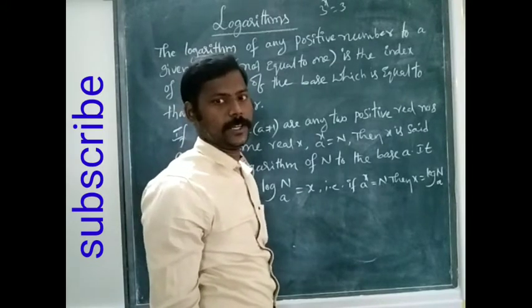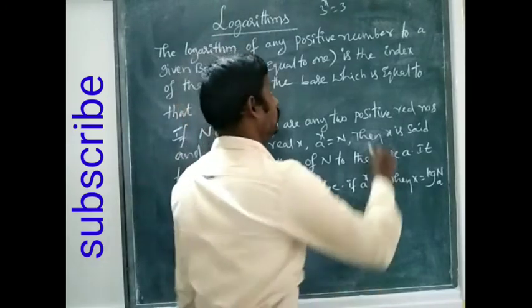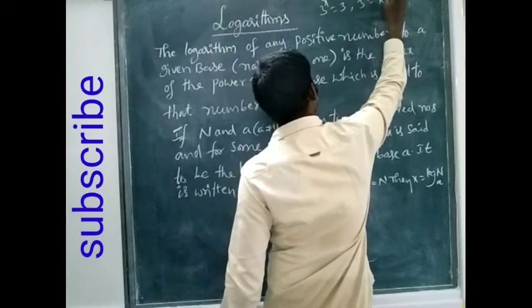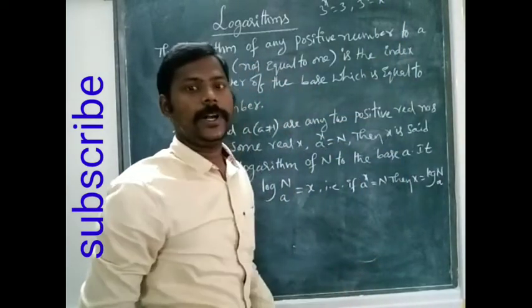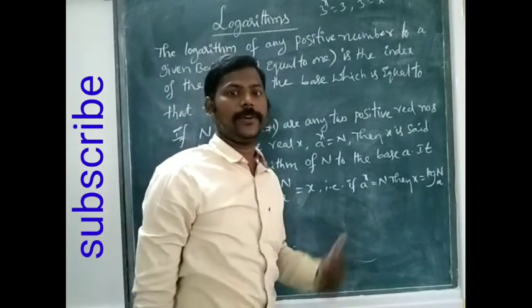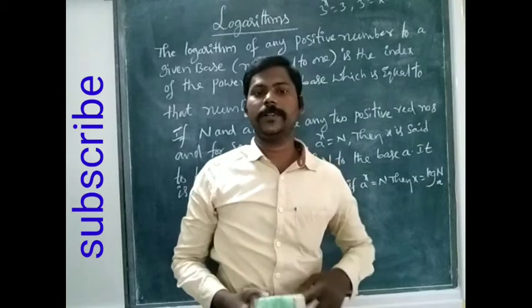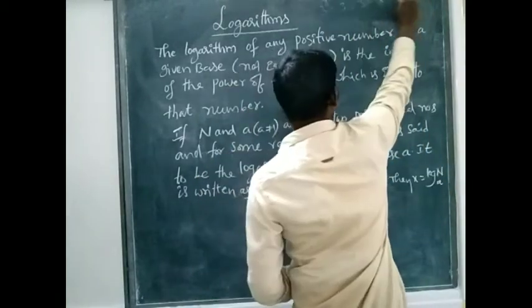You can easily say because the bases are equal, the powers should be equal. Suppose 3 power 5 equal to x power 3 is given. How to identify x? It is difficult. So, what are the difficulties in powers and exponents? Those concepts you can resolve in logarithms.